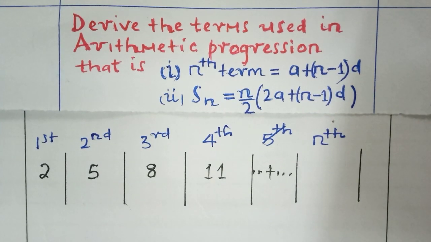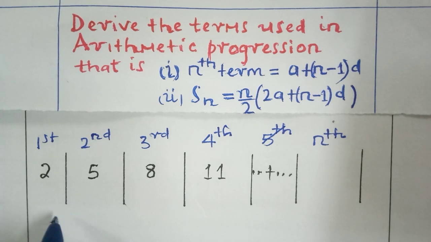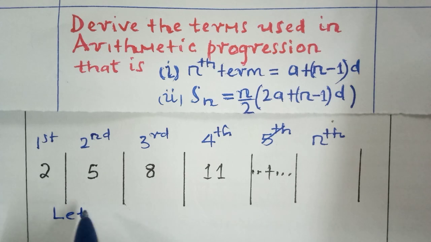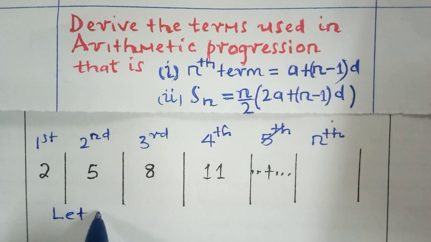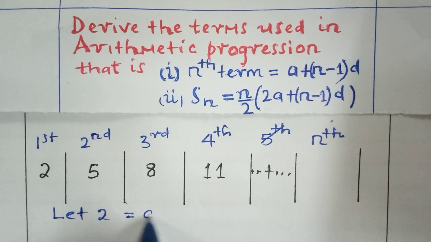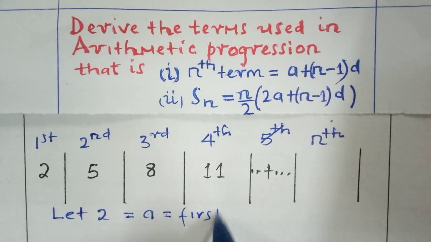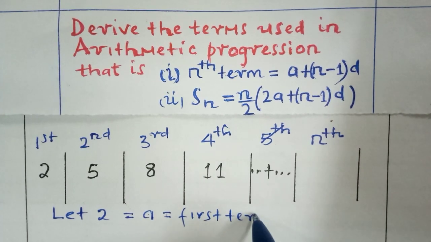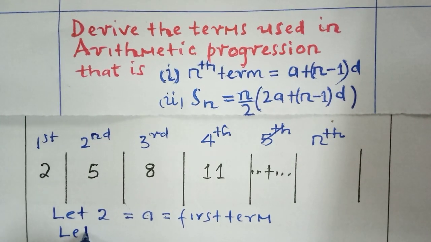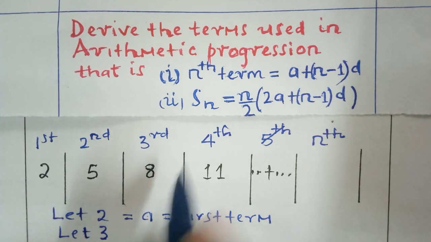So from there, guys, let's say the first term we are talking about, which is 2, is equal to A. That one we call the first term. And then let 3 be the constant difference.